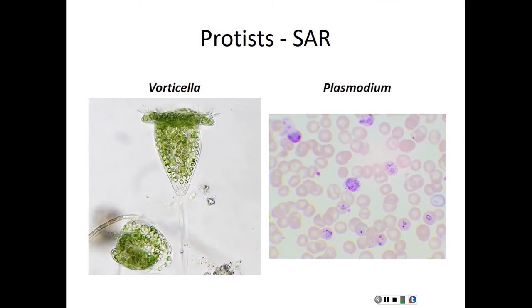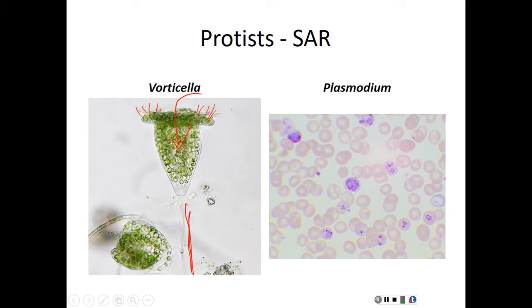Okay, another ciliate that we looked at is this organism, Vorticella. So this guy's kind of cool. It's got this stalk here that will typically attach to a substrate. The top part here is where food will go in, and we've got the cilia, less obvious than in the paramecium, but we do have cilia up here.